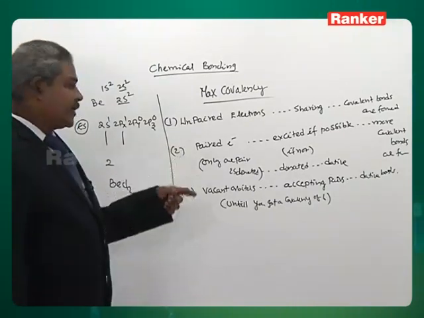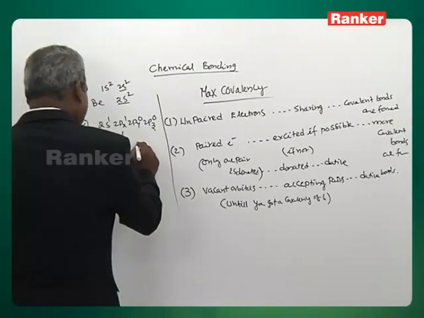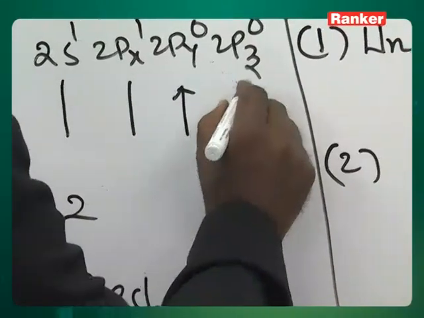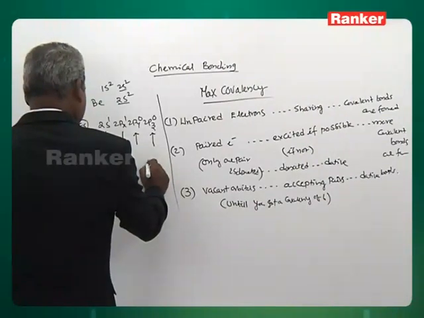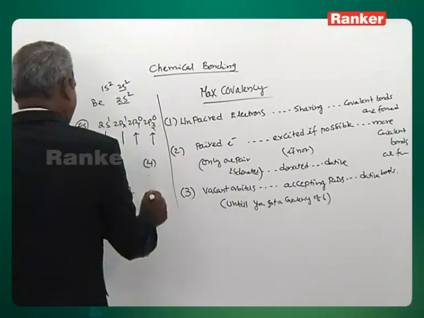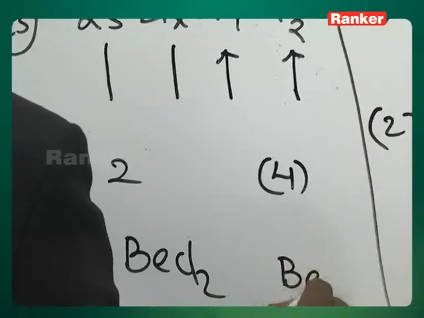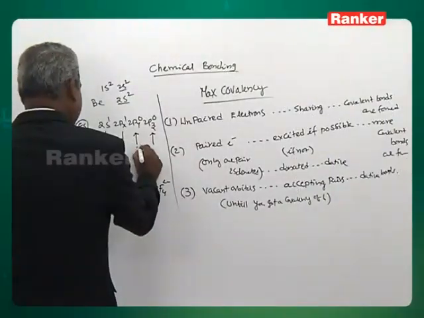And what else can it do? It has vacant orbitals. So if someone donates a pair of electrons, it becomes ready to accept, and its covalency becomes 4. So it will accept 2 more pairs, as in BeF4 2 minus. It has accepted 2 pairs.